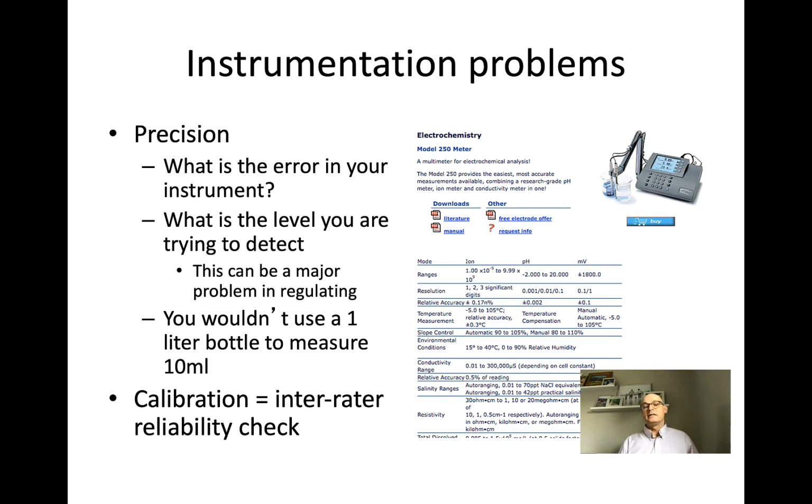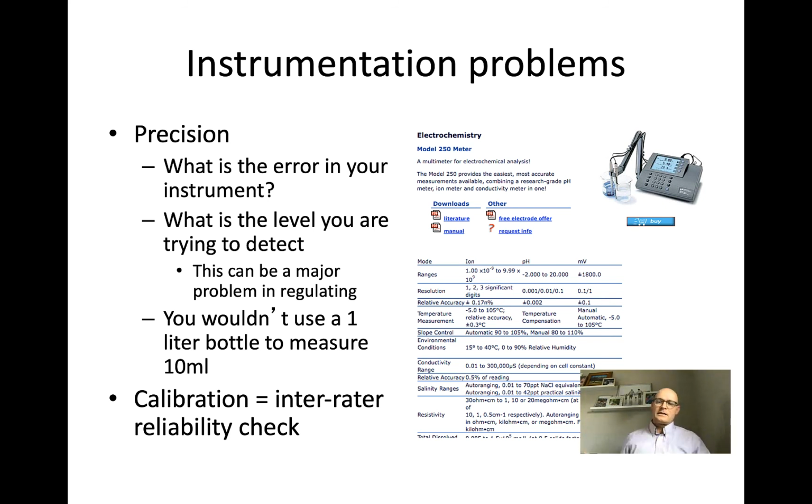And interestingly, this happens a lot with regulation. Most lawmakers will propose regulation that our instruments can't measure. So we have to develop new ways to measure these tiny variations. The other thing is that instruments wear out. We have to calibrate them. We have to make sure that they're measuring what we want them to measure, that they're not wearing out over time.